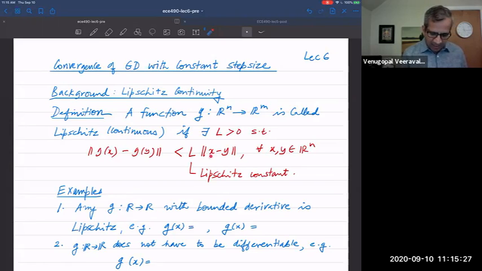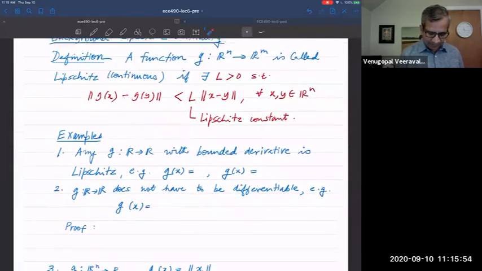If I make the norm of x minus y less than some delta, I can ensure that the norm of g(x) minus g(y) is less than L times delta. So I can make that less than any epsilon I want for any x and y. So Lipschitz continuity gives you uniform continuity in Rn. That's why it's also called Lipschitz continuous, not just Lipschitz.